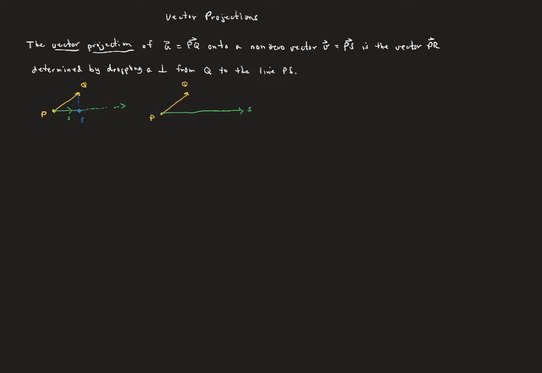And that's our point R right there. And likewise here, now the PS is way too big, but that's okay. We're going to drop that perpendicular down and call that point R. So what we're saying then is that this vector PR is our projection vector of PQ onto PS.